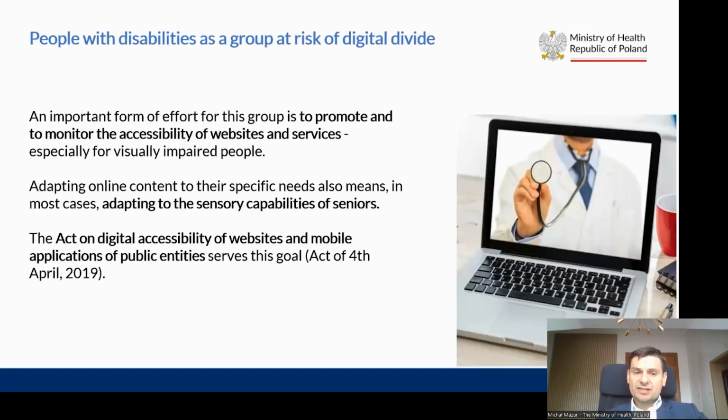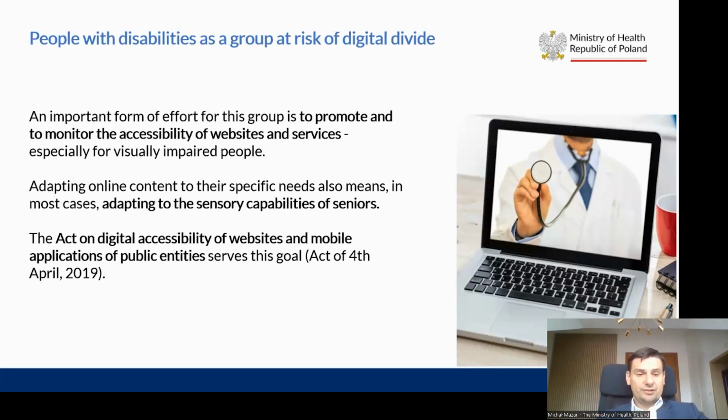People with disabilities are a group at risk of digital divide. An important form of effort for this group is to promote and to monitor the accessibility of websites and services, especially for visually impaired people. Maybe you have heard about the WCAG standard.